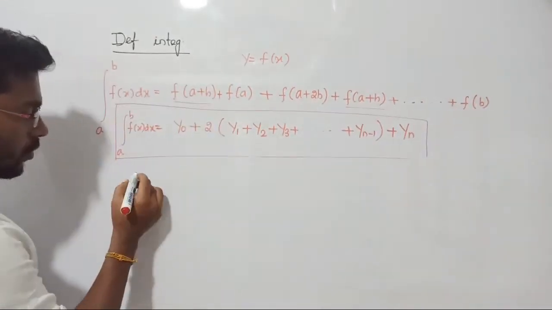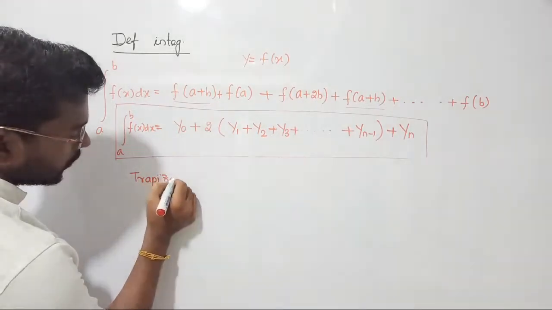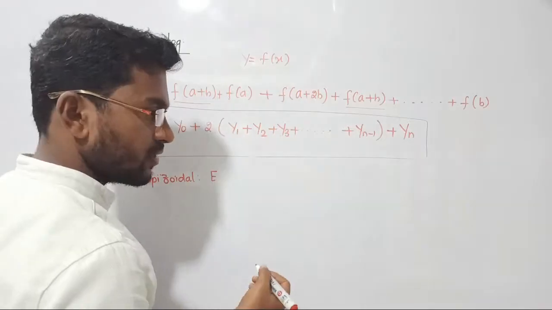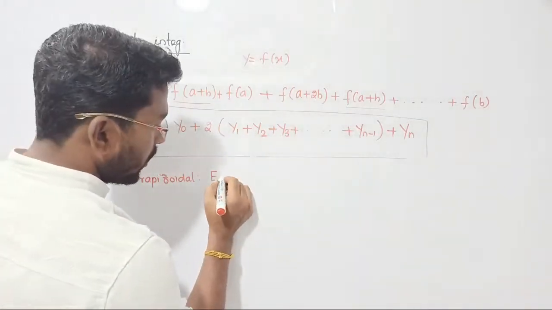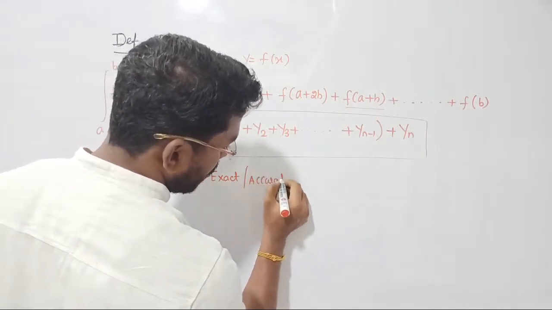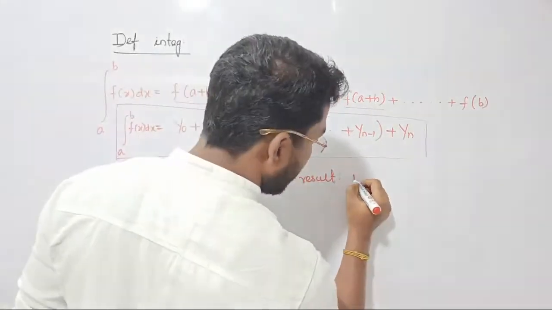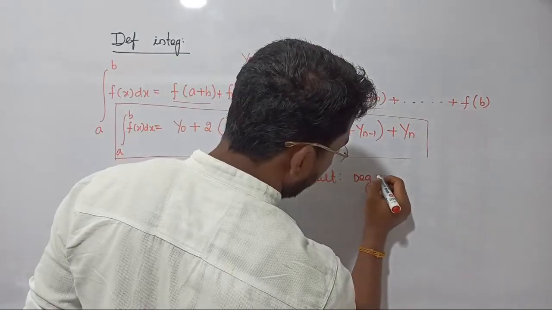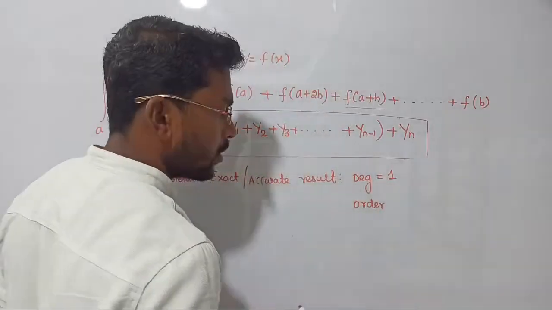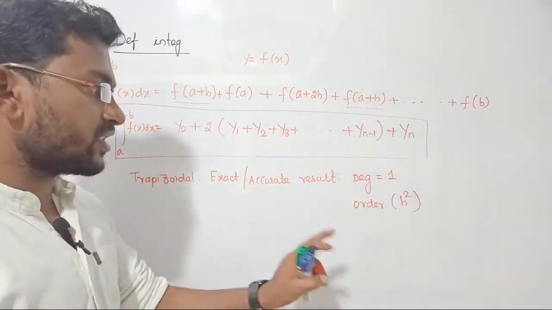So in the trapezoidal rule, let me write here, if you are considering it, the trapezoidal rule will give you an exact, or we can say accurate, result for degree 1 and order 2, right? So the order is with the step size, represented by h square. Order 2, with the step size, right?